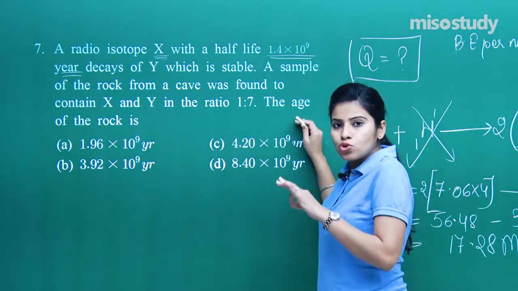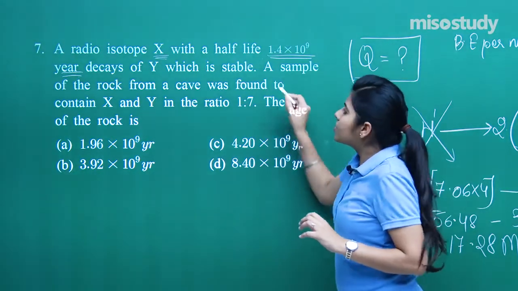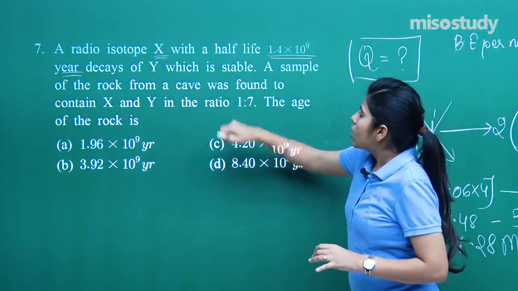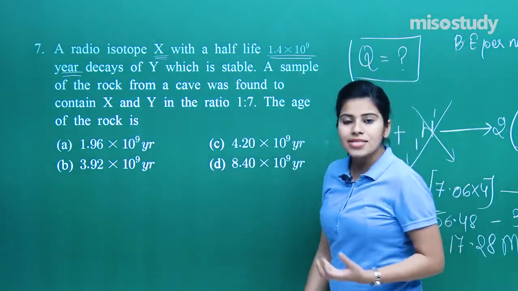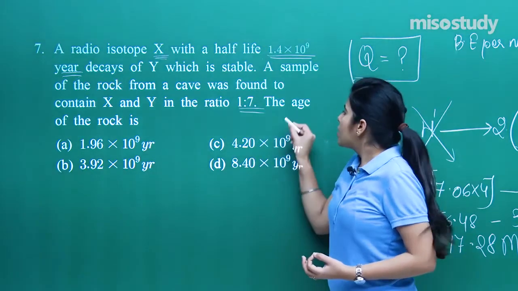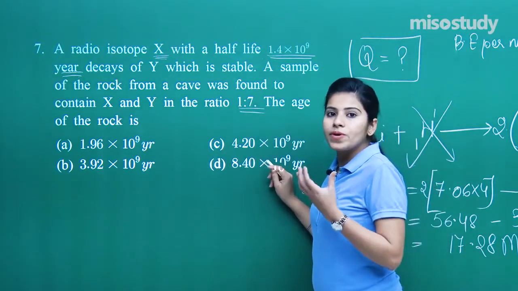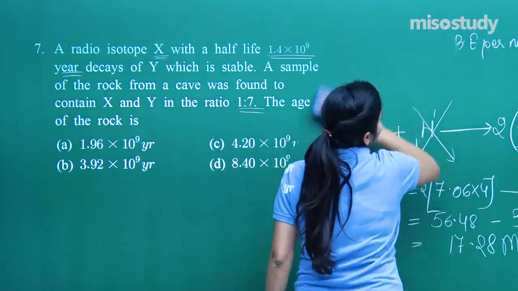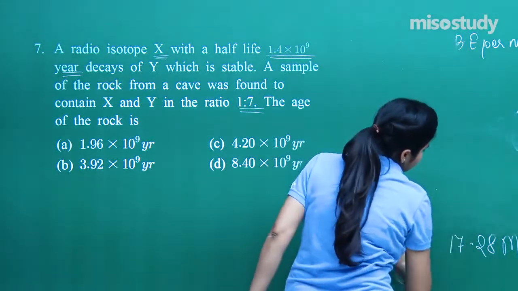X is decaying into Y. A sample of the rock from a cave was found to contain X and Y in the ratio of 1:7. Now the age of the rock is to be calculated. We have to calculate the age of rock.